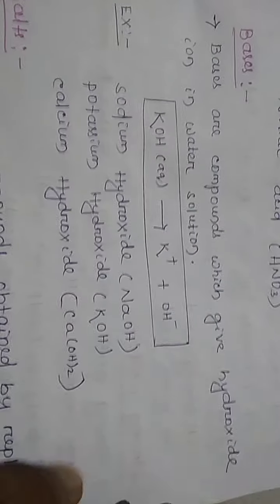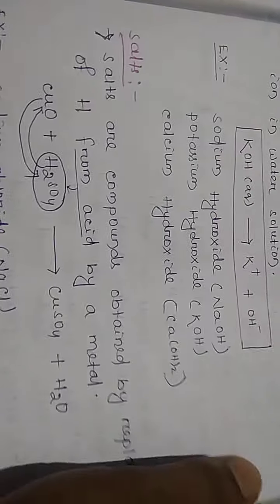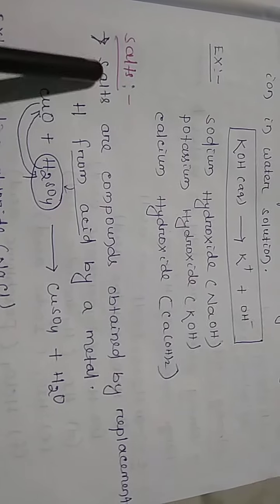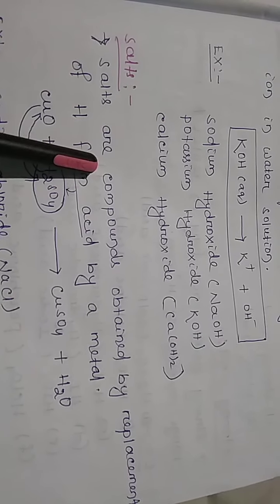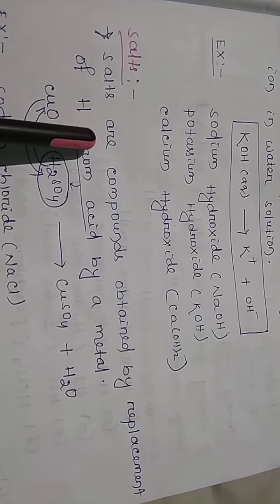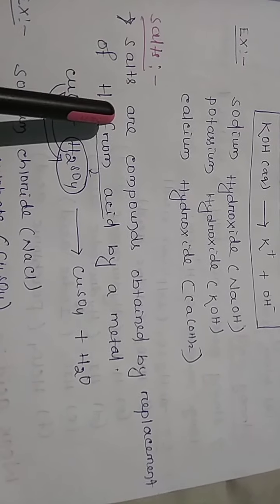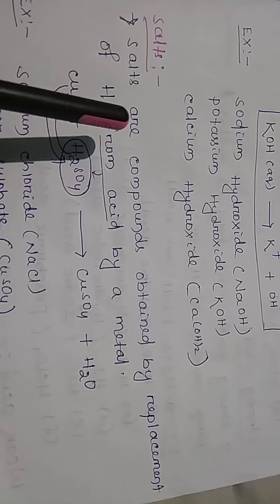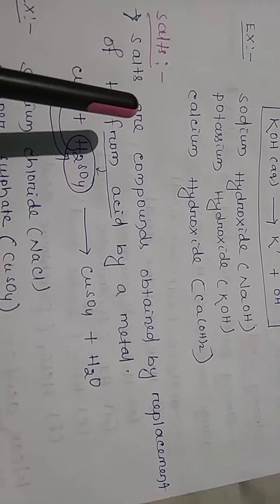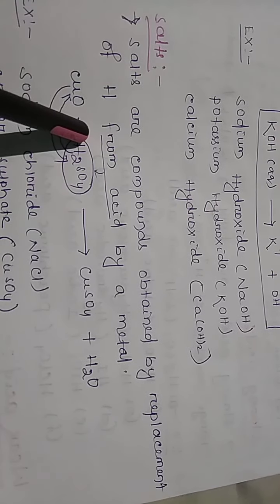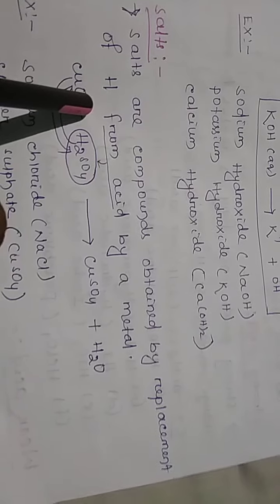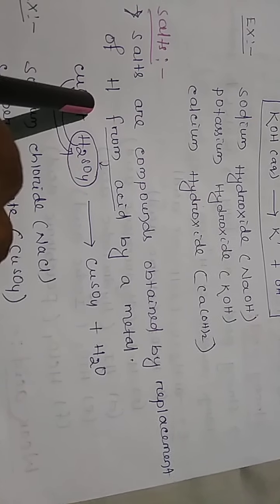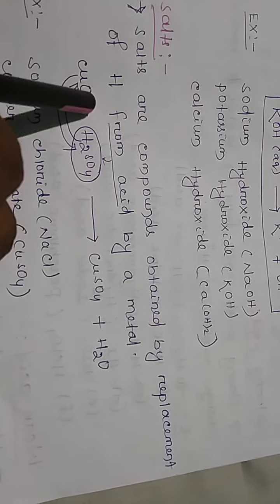Okay, next term is your salt. How salts are obtained and how salt compounds are formed. Many times we've already heard that when a base and acid combine with each other, then it will produce what? Salt.